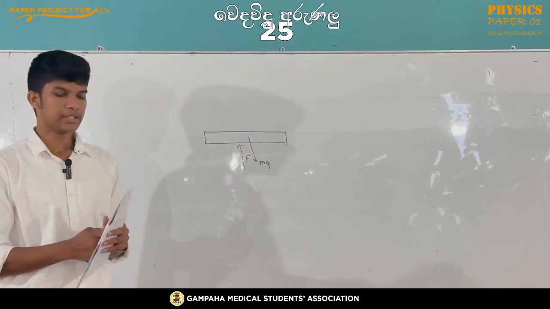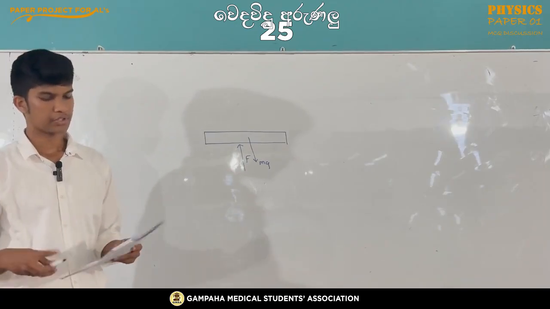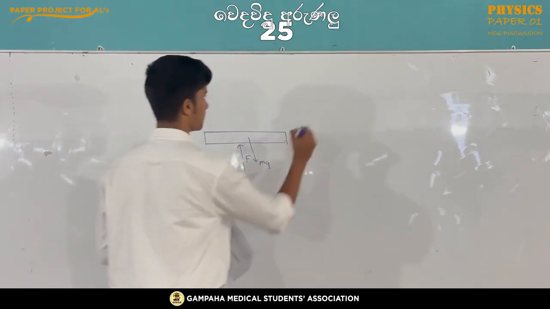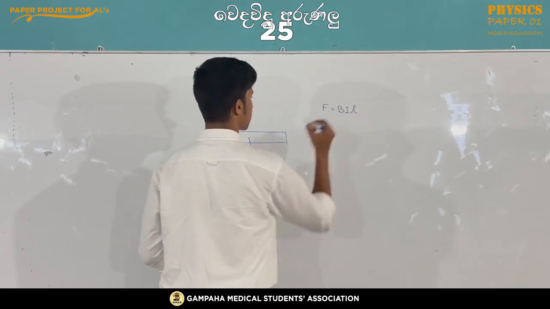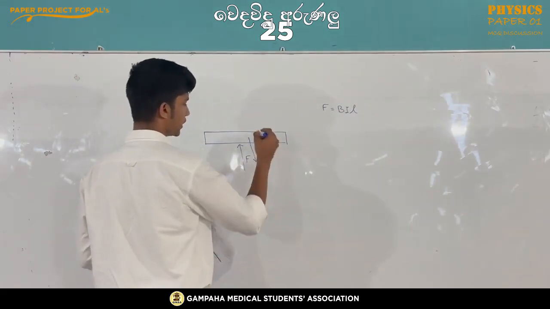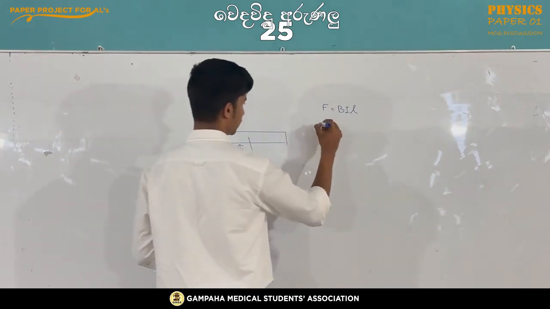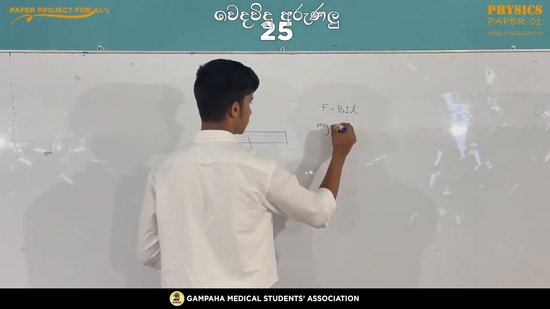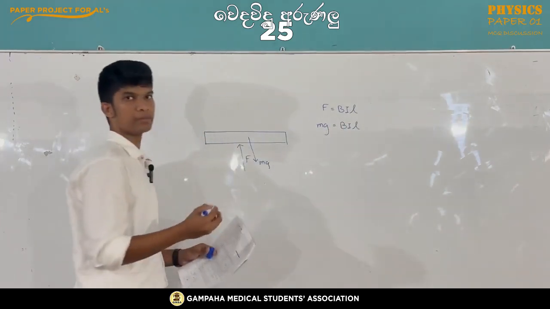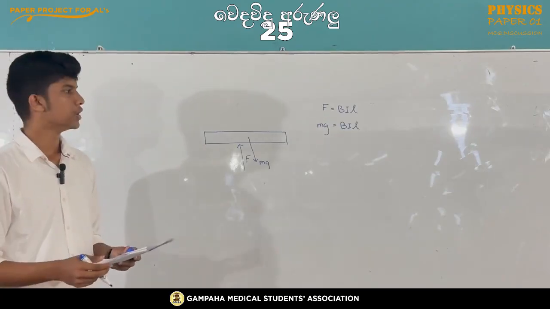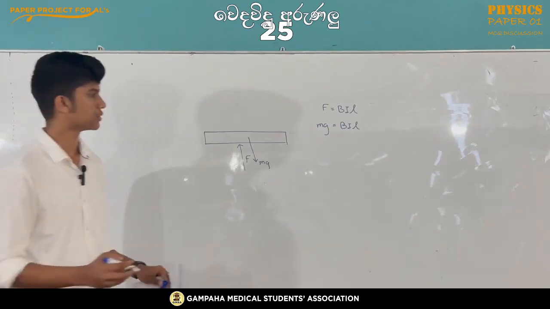So here the calculation is, you can use the equation F equal BIL, and the magnetic force will be equal to the weight of the rod. So since we are considering the minimum situation here, we can use the value 4 amperes for the current.